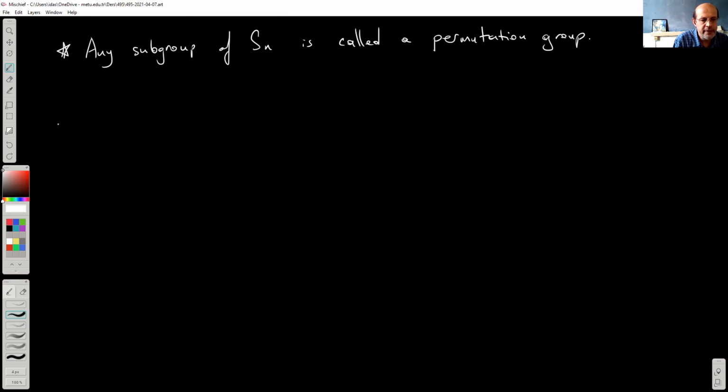Okay, so this is an interesting theorem. So any finite group, well, I'm going to give the order actually in any case. Sorry about this, let me start it in a more appropriate way. So that's called Cayley's theorem.